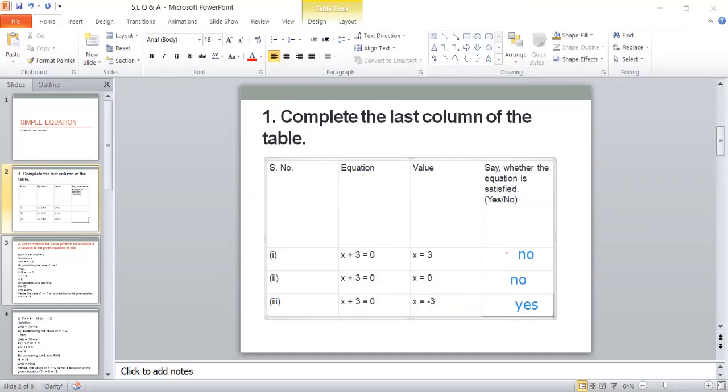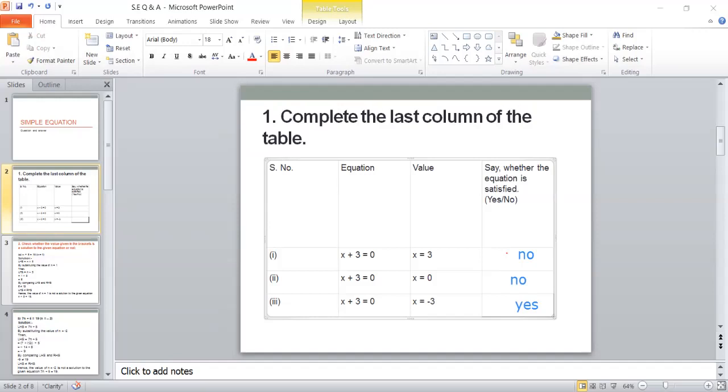If we are putting the value of the unknown variable in the equation and LHS is equal to RHS, then the equation is satisfied, otherwise it is not satisfied.